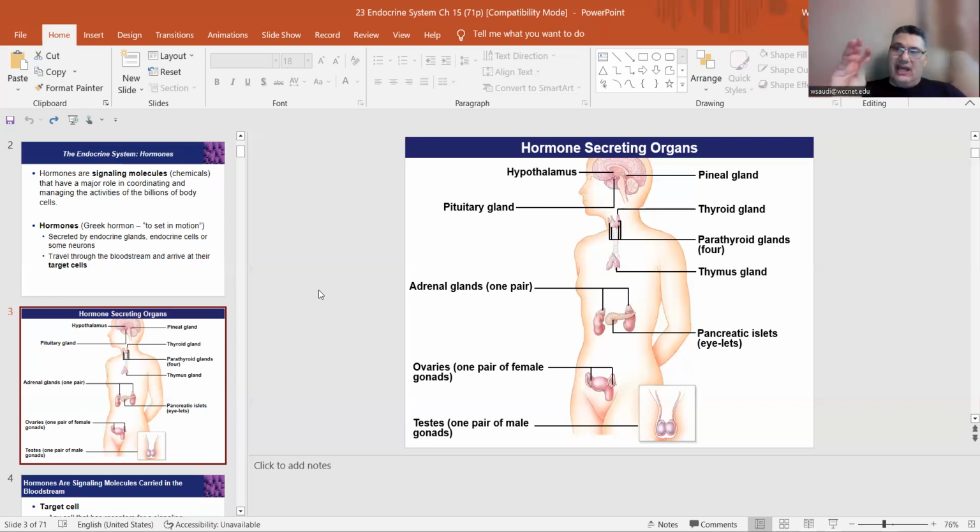But it also has an island within that pancreas that's called the pancreatic islet. So is the whole pancreas an endocrine organ? No, it's mixed, endocrine and exocrine at the same time. So it does have exocrine function. This is digestive. I'm not going to go through it now.